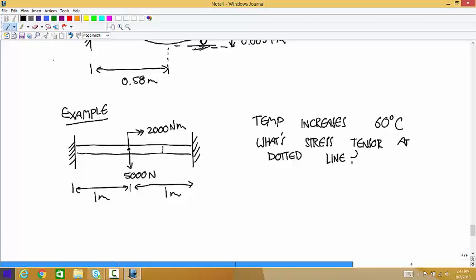We'll have to choose a place on the cross section. So let's say along the neutral axis.